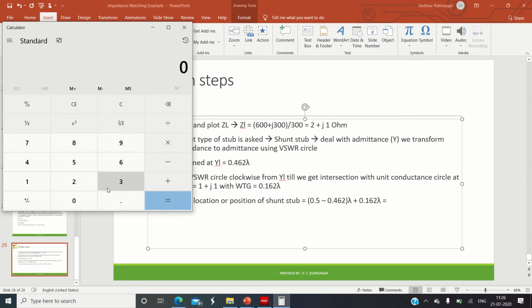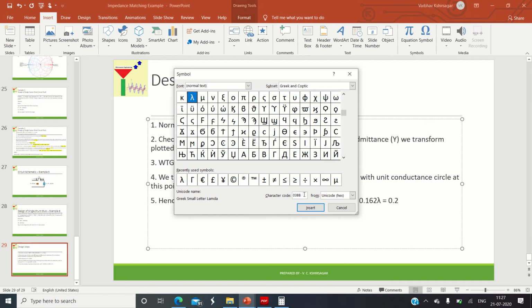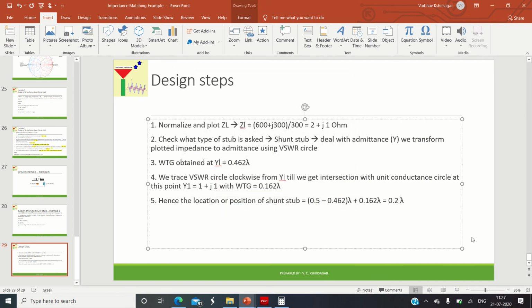Once again: first we need to take the difference 0.5 minus 0.462, and this is to be added to 0.162. It will give you 0.2 lambda. So my location of the stub is 0.2 lambda, please remember. We have calculated the first half of the solution. The location of the stub, we denote with the letter D.